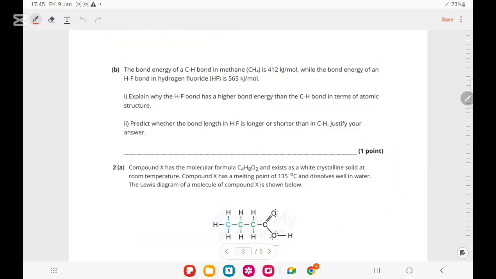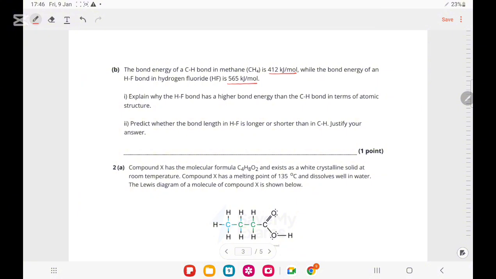Now they are saying the bond energy of C-H bond in methane is 412, while the bond energy of H-F is 565. First question is, explain why H-F bond has higher bond energy than C-H bond. The reason lies in the electronegativity difference.